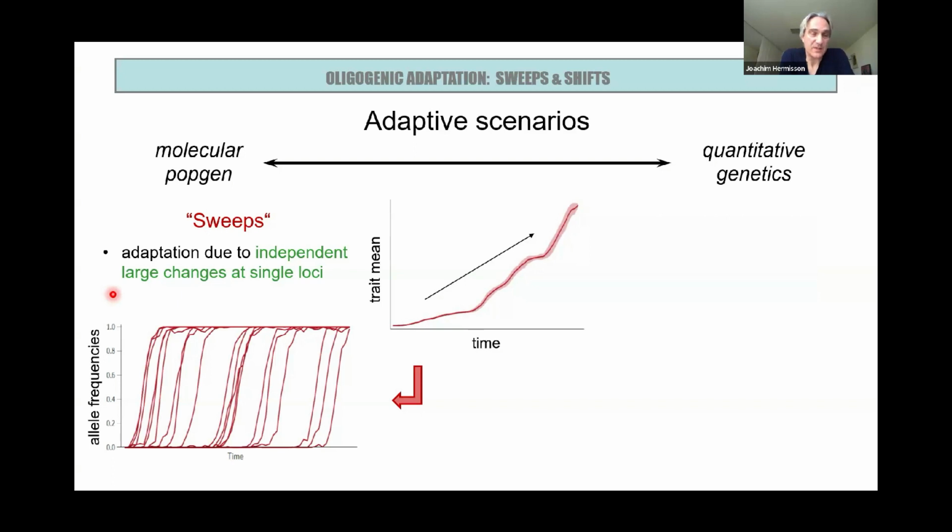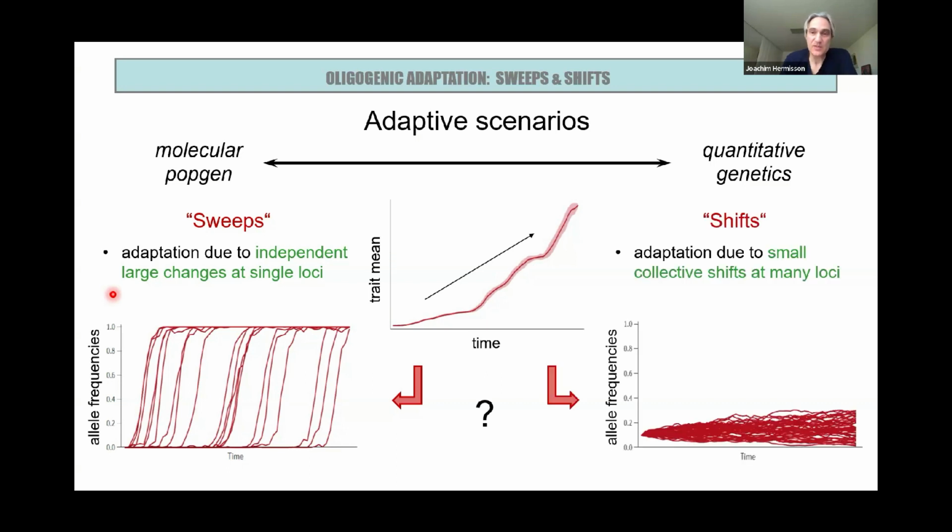On the one hand, from molecular popgen, the image that people think about is consecutive sweeps. Whereas on the other hand, in quantitative genetics, the idea is we have these very tiny shifts at a very, very large number of loci.